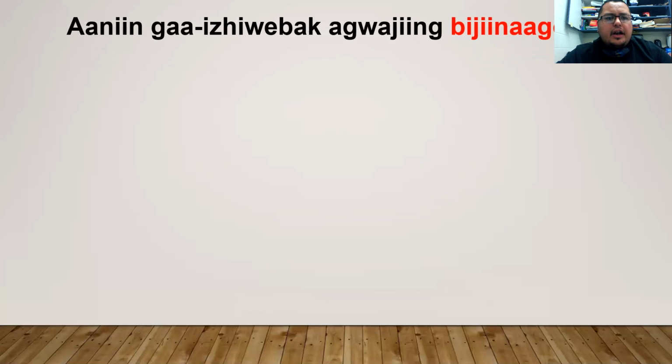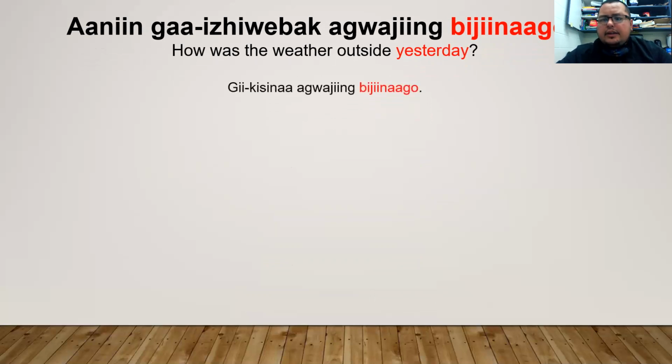Carrying on here, we have anin ga ejiwebak agwajing bejinago. How was the weather outside yesterday? And so using our new words in lesson 13 here, notice we have our tense marker, our tense word gi.